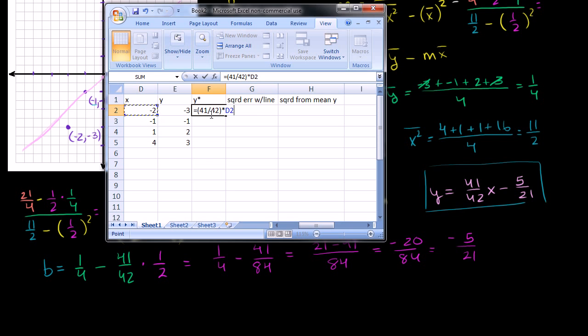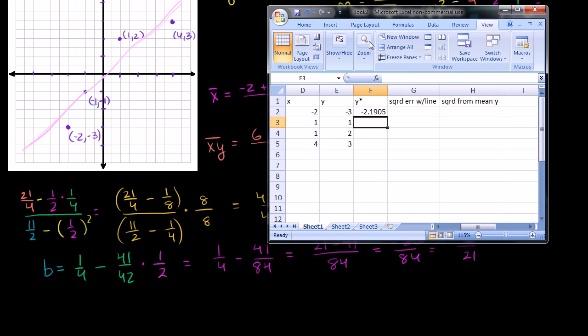And I just select that cell. Just a little bit of a primer on spreadsheets. I'm selecting the cell D2, I was able to just move my cursor over and select that. But that tells me the x value, minus 5 divided by 21. Just like that. So just to be clear of what we're even doing, for this y star here, I got -2.19.